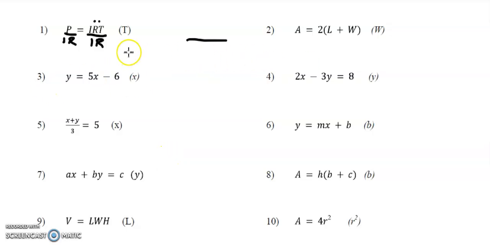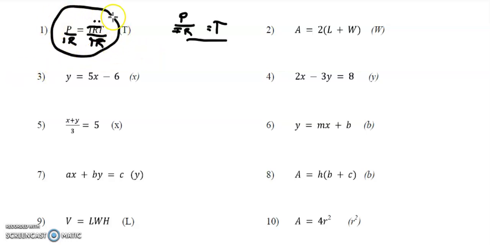Okay? So those two cancel those two, and I'm left with a T on the right and a P over I R. And if anyone's curious, this is just a scrambled up version of the simple interest formula, where interest is equal to principal times the rate times the time.